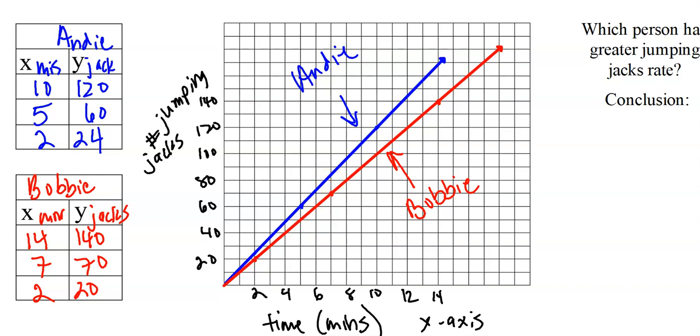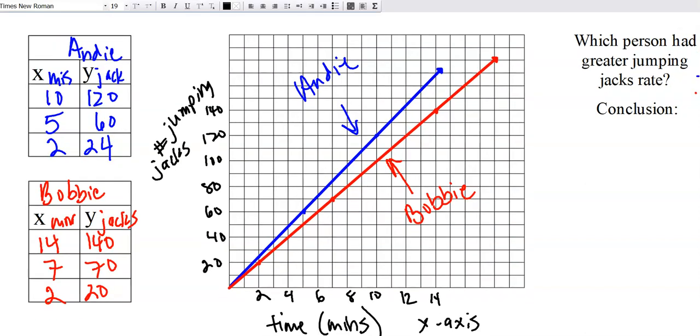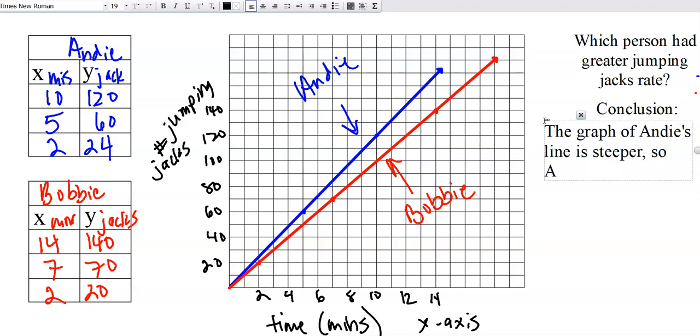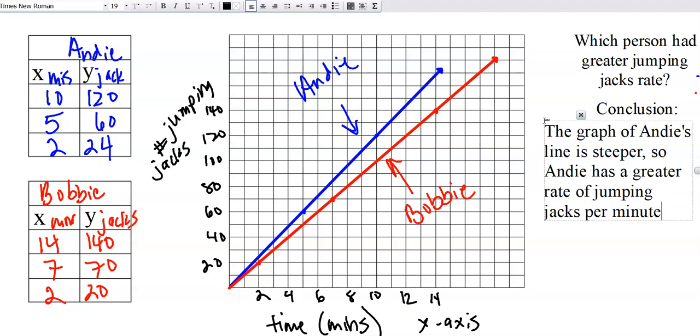So I'm going to go ahead and type that in. The graph of Andy's line is steeper, so Andy has a greater rate of jumping jacks per minute.